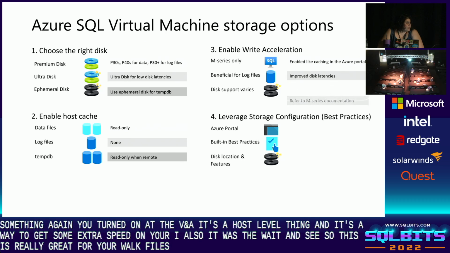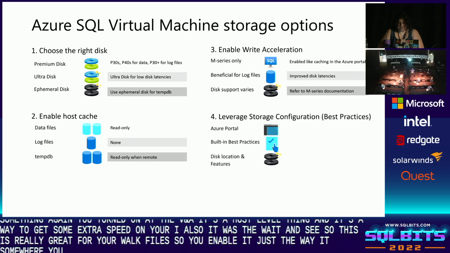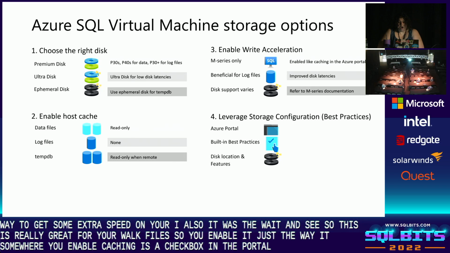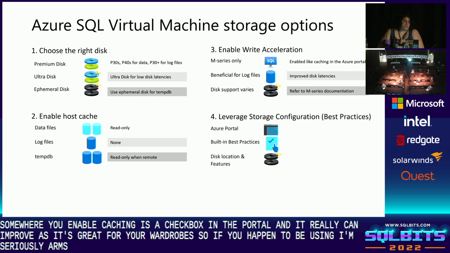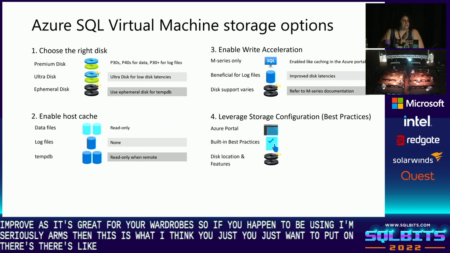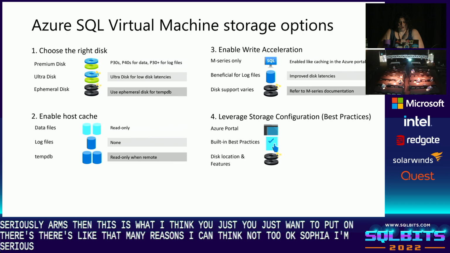So you enable it the same way you enable caching. There's a checkbox in the portal. And it really can improve latency. So it's great for your log drives. So if you happen to be using M-series VMs, then this is one of those things you just want to flip on. There's not many reasons I can think not to. Okay, so if you're on an M-series, consider write acceleration.